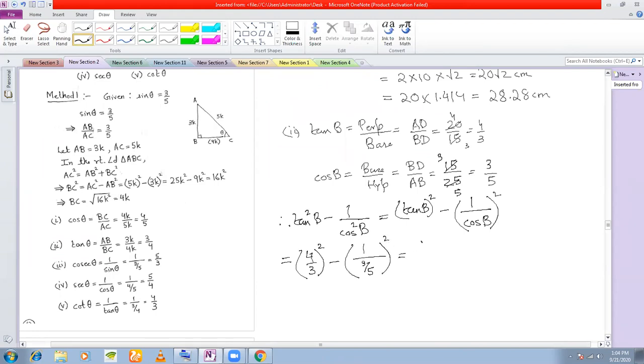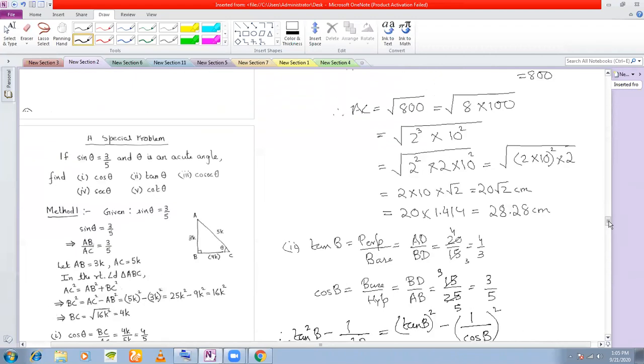So this is 16 by 9 minus 25 by 9. That means 16 minus 25 by 9, which is minus 9 by 9, which is minus 1. So therefore, tan square B minus 1 by cos square B, the value is minus 1.